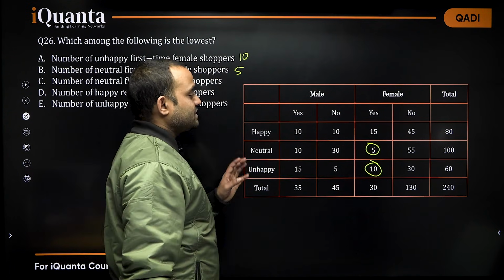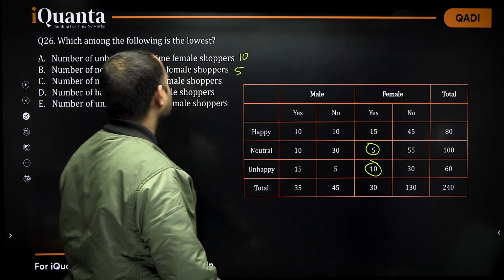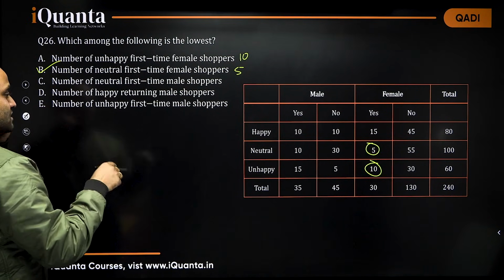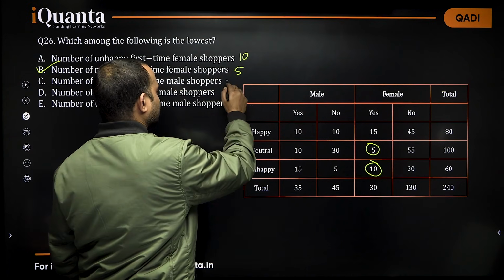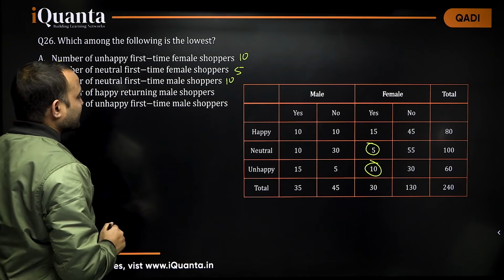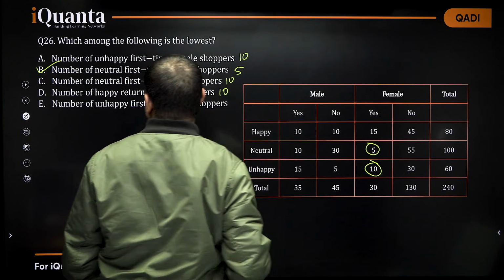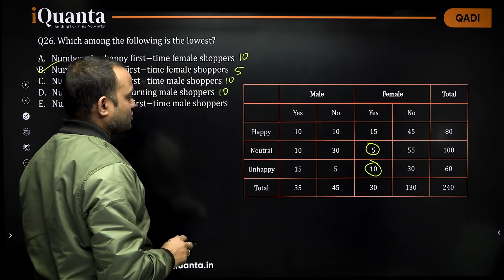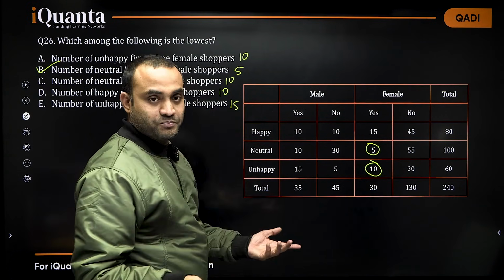And 5 is the lowest value that you can see in all of these boxes. Definitely this should be our correct answer. Although we check the rest. Number of neutral first time male shoppers, that is 10. Number of happy returning male shoppers, that is also 10. Number of unhappy first time male shoppers, that is 50. So option B is the correct answer.